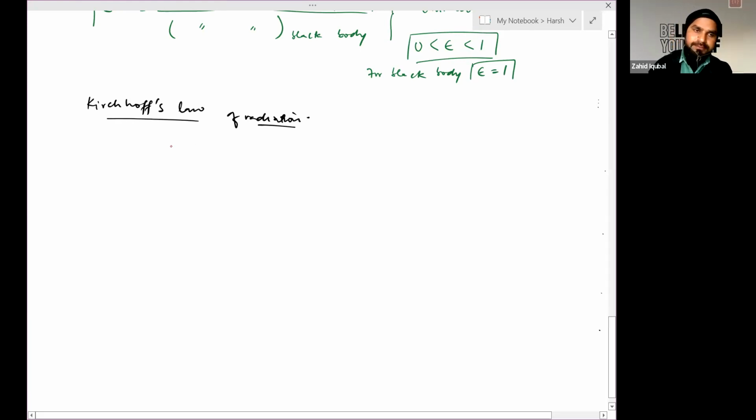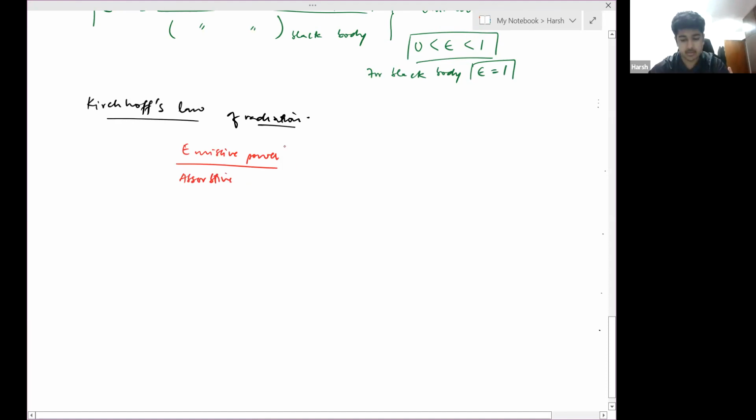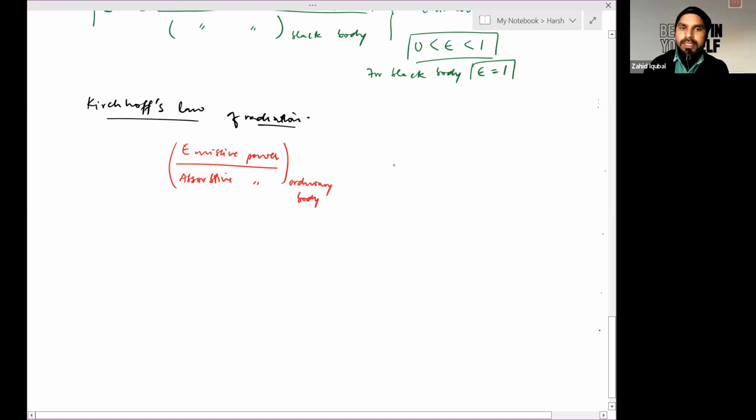According to Kirchhoff's law of radiation, emissive power divided by absorptive power of any ordinary body will be equal to the emissive power of a black body at that temperature.